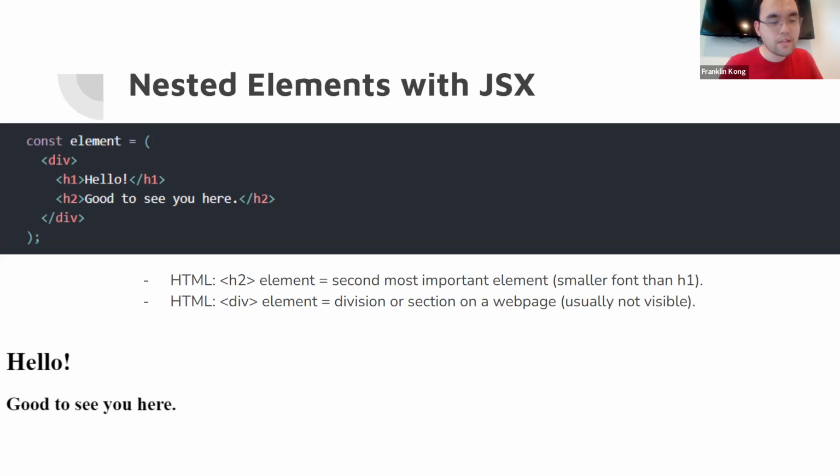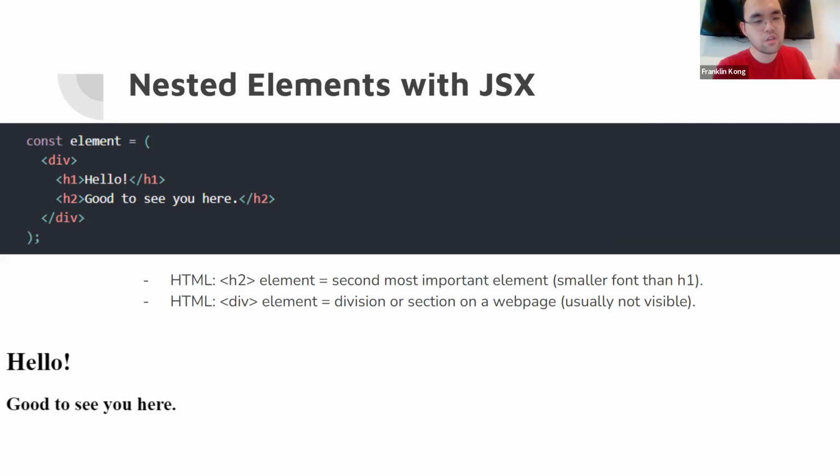And the div element is usually used to symbolize different sections of a page. For example, in the earlier example, we had a sign up panel and a login panel. If you were making that page with HTML, you would usually have a separate div for the sign up panel and a separate div for the login panel.